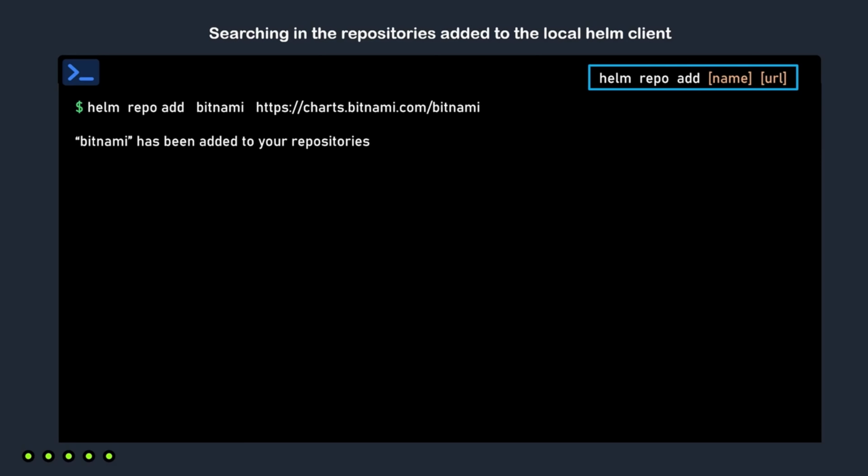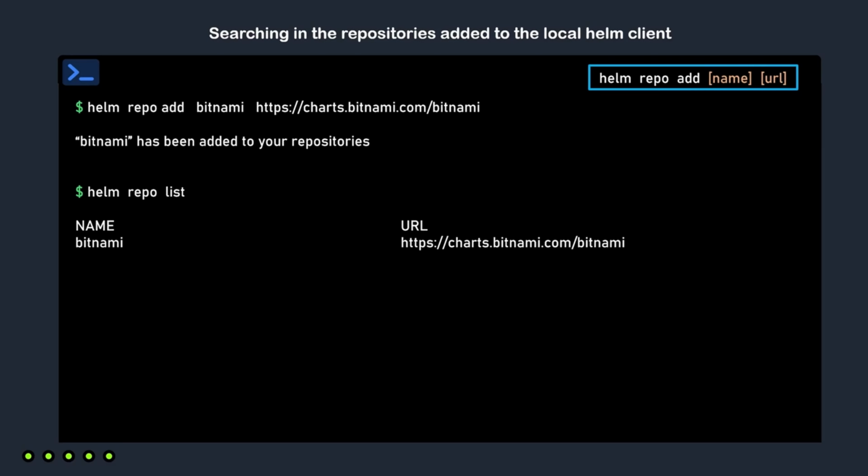We can find the repository URL either by executing the helm search hub command with the --list-repo-url option, or by searching in the Artifact Hub website. If we execute now the helm repo list command, we see that there is a chart repository available and it is called bitnami.